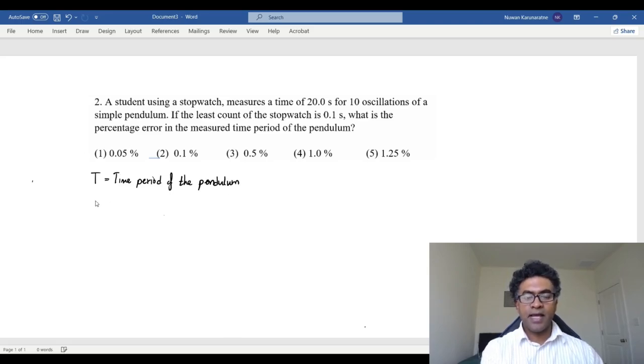And then there's another piece of information about the pendulum, the number of oscillations. Let's say capital N is the number of oscillations of the pendulum.